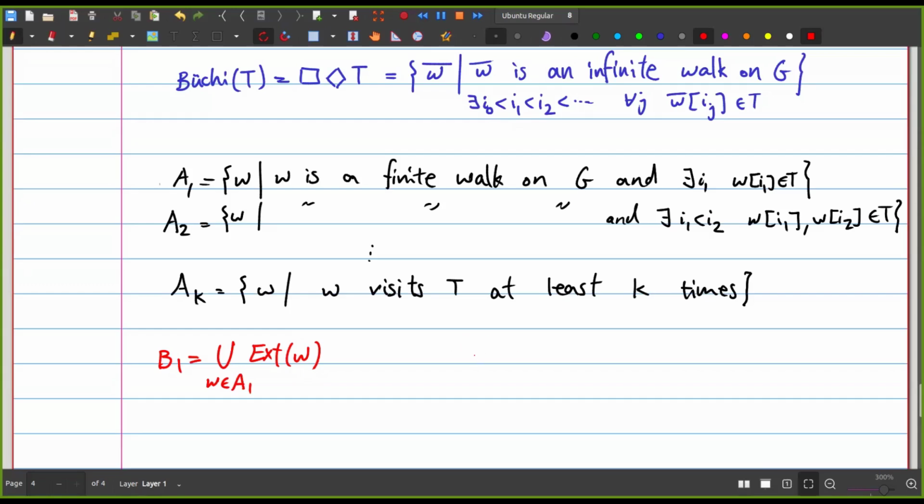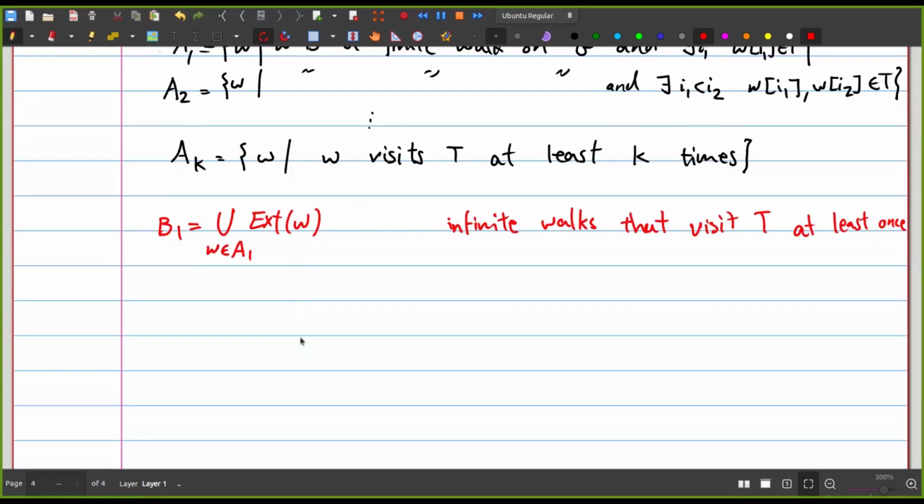Intuitively, again, B1 is the set of infinite walks that visit my target set T at least once. Now I can do this with other sets A2, A3, and so on as well.